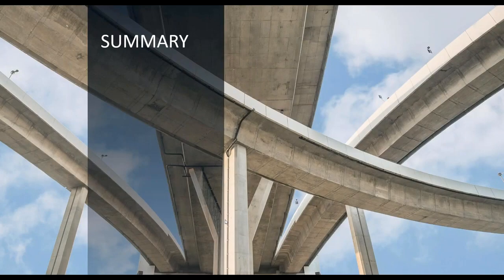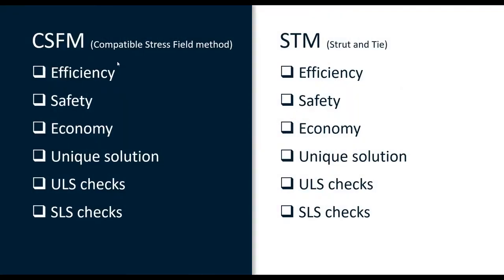So let me summarize the whole practical part and a comparison between these two methods, between CSFM and STM. Thanks to CSFM, engineers can design their structures effectively, safely, and economically. We cannot say that the strut and tie method is effective because it's very time consuming, and as was shown, maybe it's not as economic as CSFM.